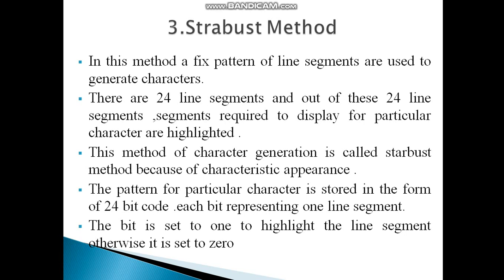So in the starburst method, a fixed pattern of 24 lines is taken into consideration. As per the character, you have to put each line as on or off. This method of character generation is called a starburst method because of its characteristic appearance.